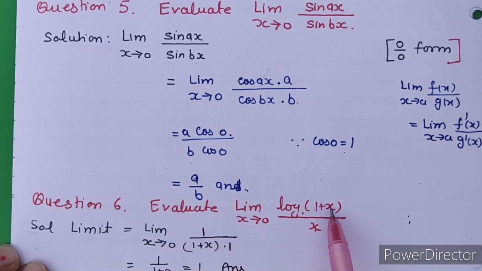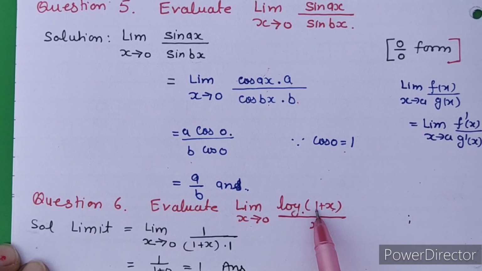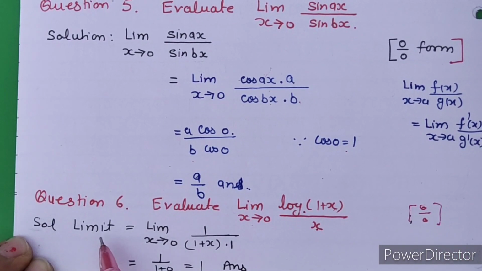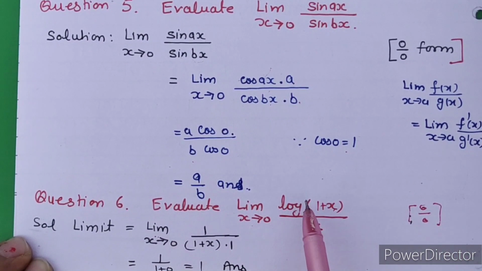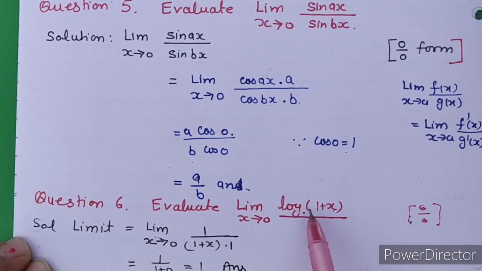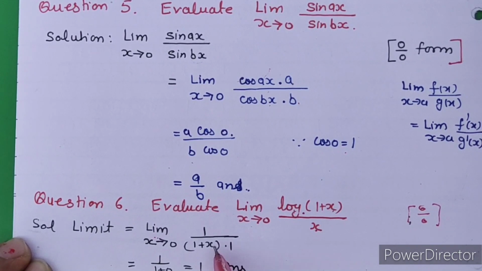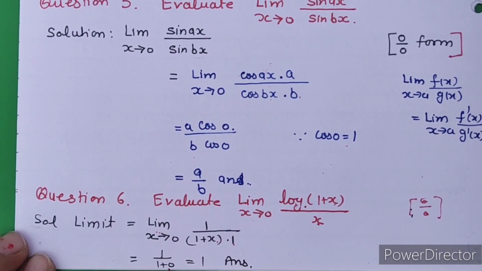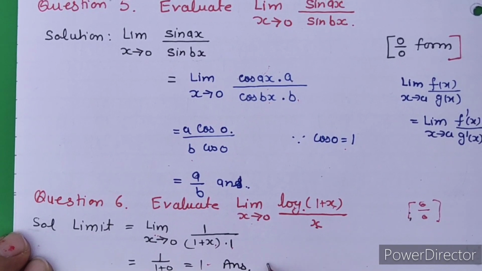So when you put x equal to 0, log 1 is 0 and x is equal to 0, this is again 0 by 0 form. So apply the L'Hopital rule. So for log, the derivative is 1 by 1 plus x and derivative of x is 1. Now you can put the limit here. This limit is 1 over 1 plus 0. So this is 1. Okay.